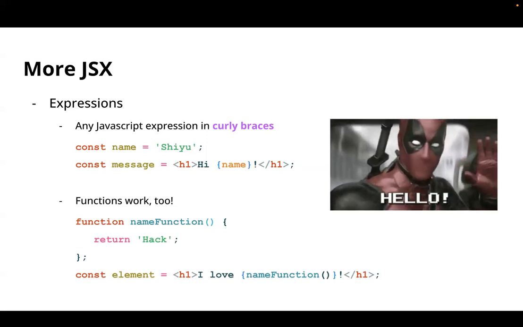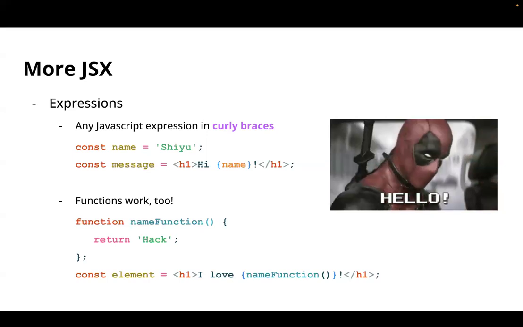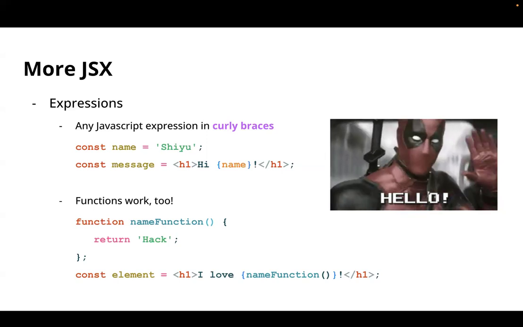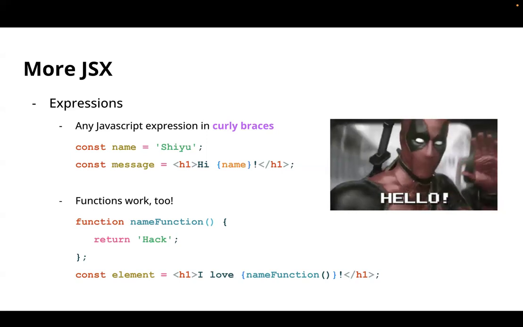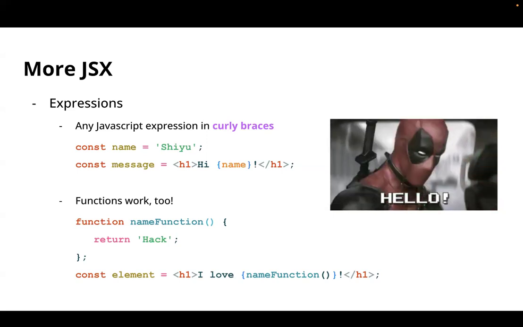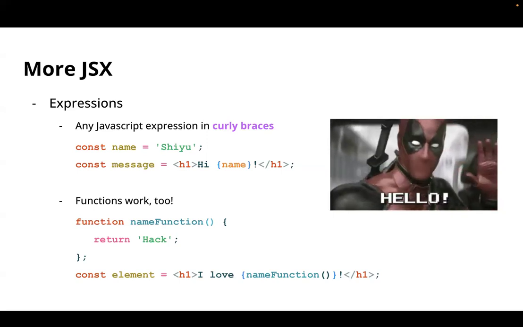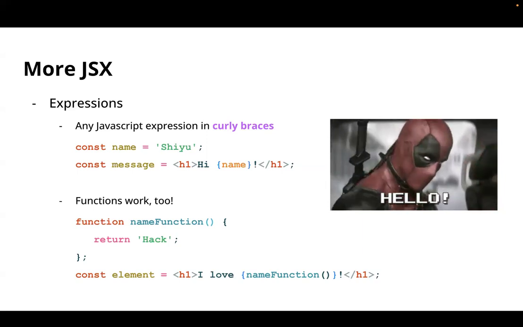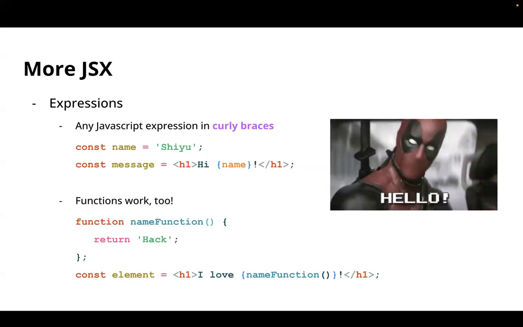The second variable is message, and it is set to this HTML-like code. It is a header, and it says hi, and the second part is name, but it is surrounded by curly braces. The curly braces tell our compiler that this is a variable, and I want you to convert this variable into the value of the variable when you compile this code.